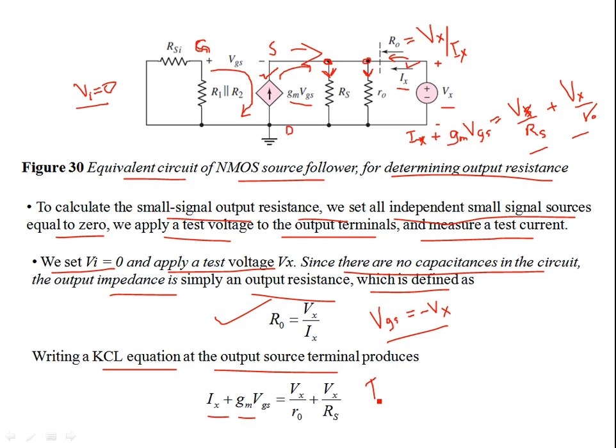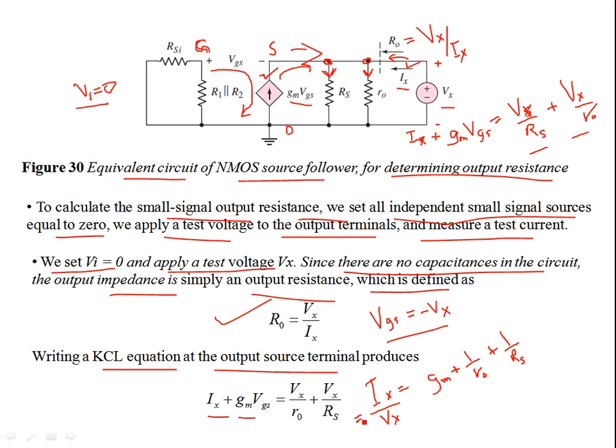So what I'm left with over here is, this should imply that Ix can be written as, if I take Gm over here, so Gm plus 1 over R0 plus 1 over Rs, and then I can take Vx on the left hand side of the equation at the denominator position.